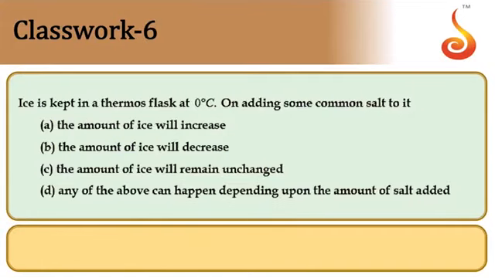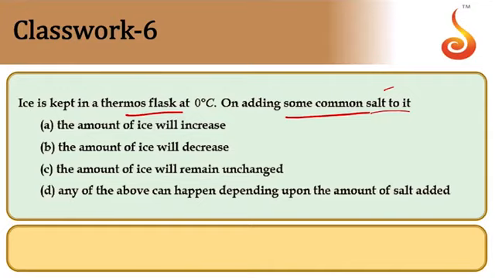Then ice is kept in a thermos flask and some common salt is added. What will happen? When some amount of ice starts melting to dissolve the salt that is being added, further the ice as well as salt form a freezing mixture, which has a temperature below 0 degrees Celsius.